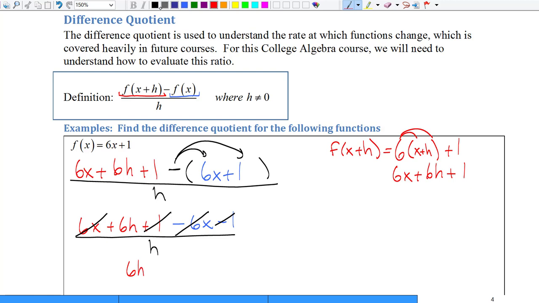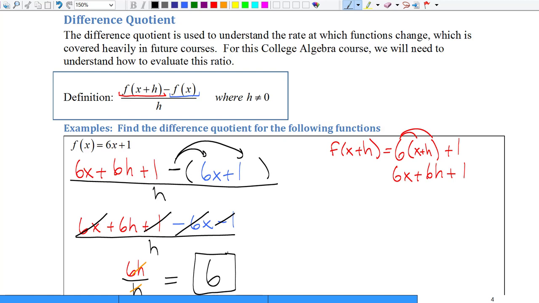In this case, there's only one term, which is awesome, and it truly does include an h. So I have 6h over h, and now you can see that the h's can divide out because there's an h on the top and an h on the bottom in every term. So when I finish my problem, I'm just left with 6.